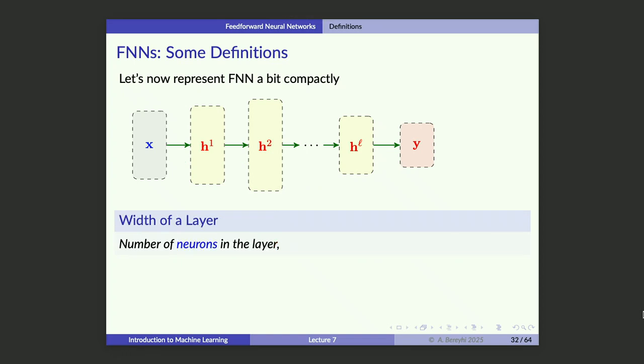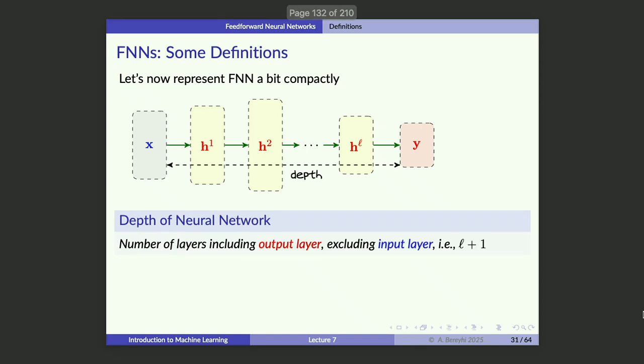Now, one thing I'm going to tell you later on: do you have any idea what a deep neural network is? A neural network whose depth is very large. What should the depth be? It should be more than 2, so it means that you have more than one hidden layer.